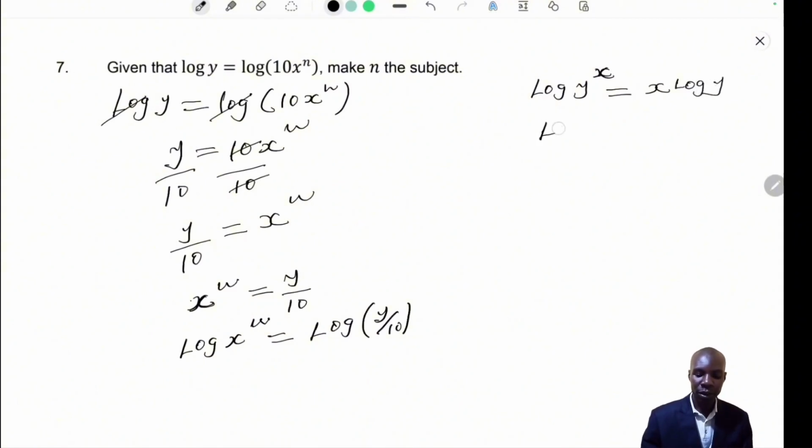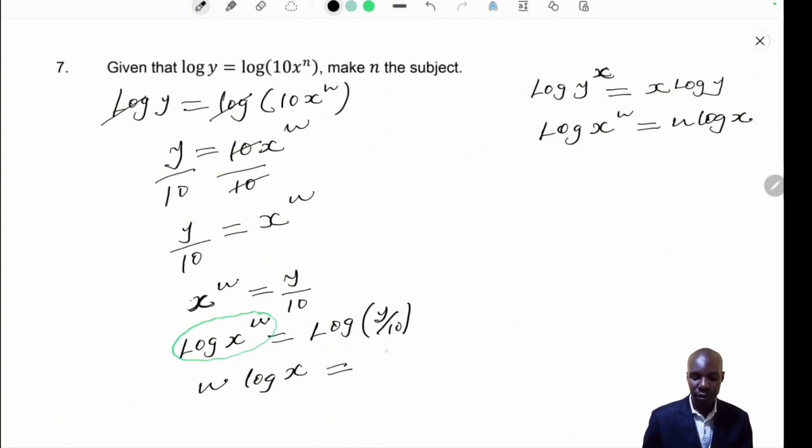So log of x to the power n can be written as n log of x. So in our case, n log of x should be equal to log of y over 10.